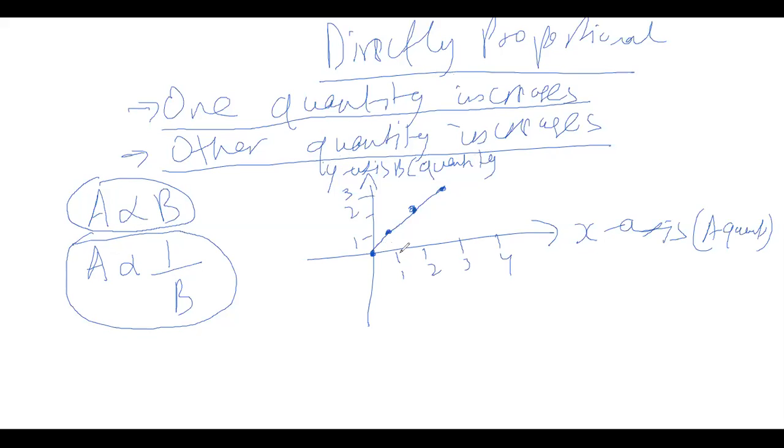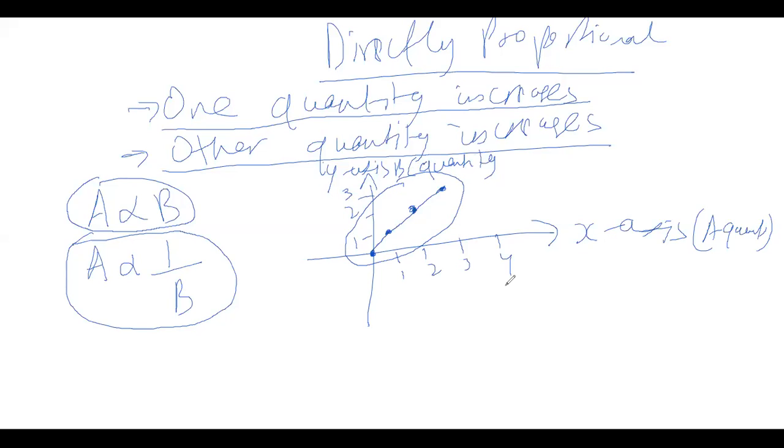If in the x quantity there is a change of 1, y has a change of 1. If x changes by 2, y also changes by 2. And if you plot the graph, you get a straight line. This is known as directly proportional.